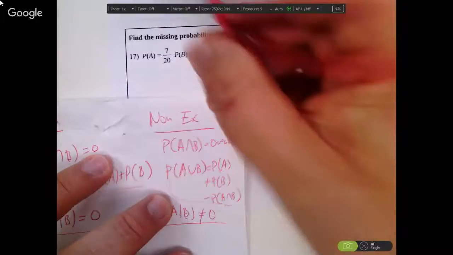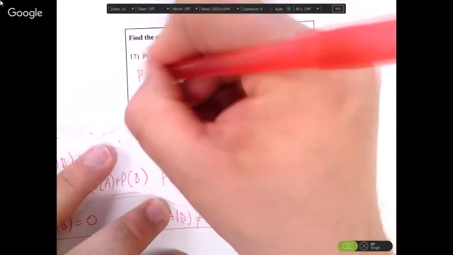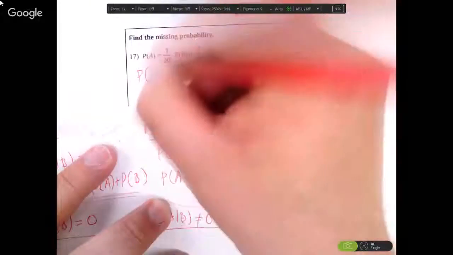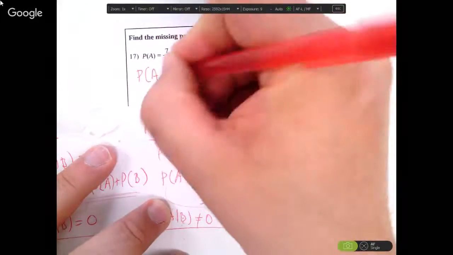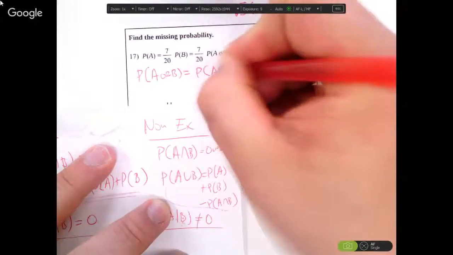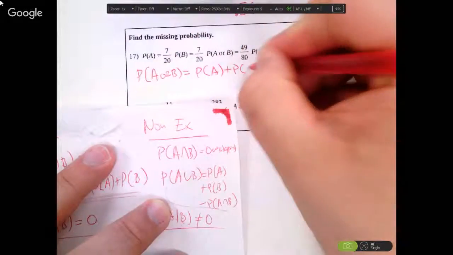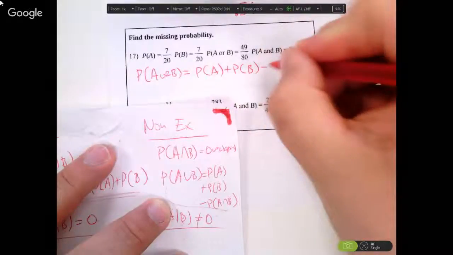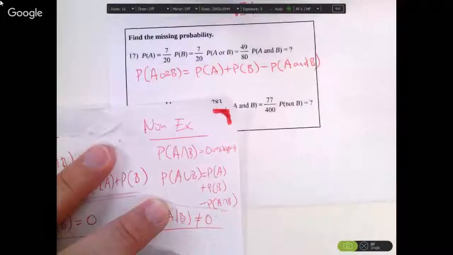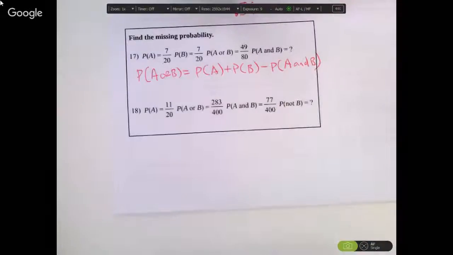The probability of A or B equals the probability of A plus the probability of B minus the probability of A and B. This is the formula I'm going to throw at it and see what happens.